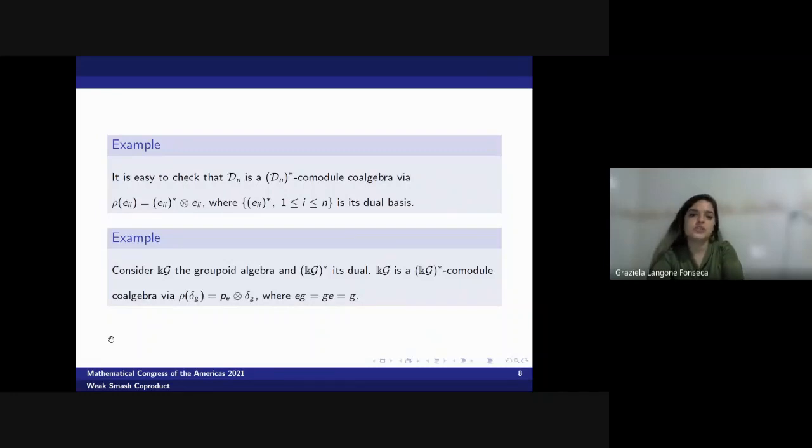The first says that it's easy to check that Dn is a Dn star comodule coalgebra via this rho, where Dn star is the dual of Dn. The second says that if we consider KG the groupoid algebra and KG star its dual, then KG is a KG star comodule coalgebra via this rho.